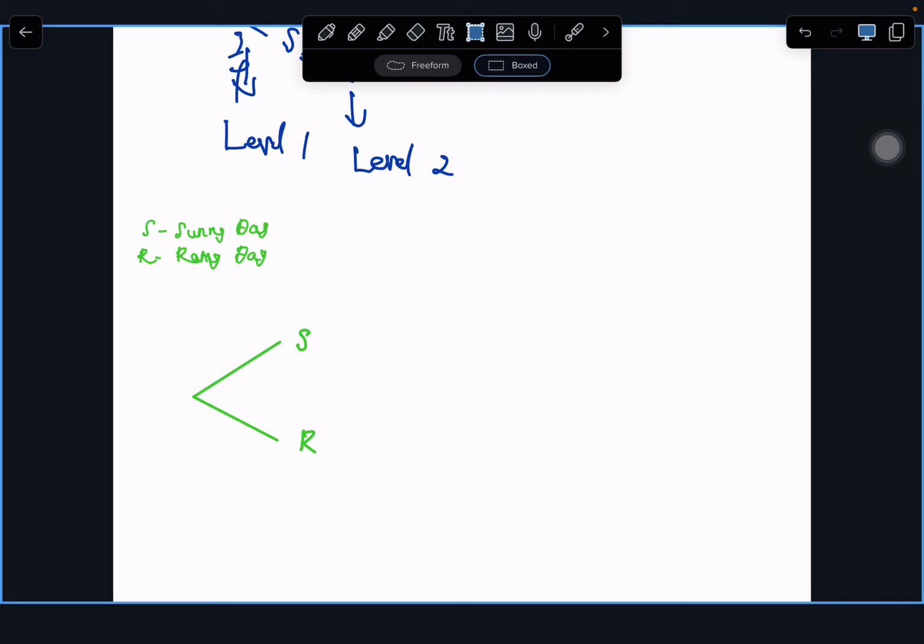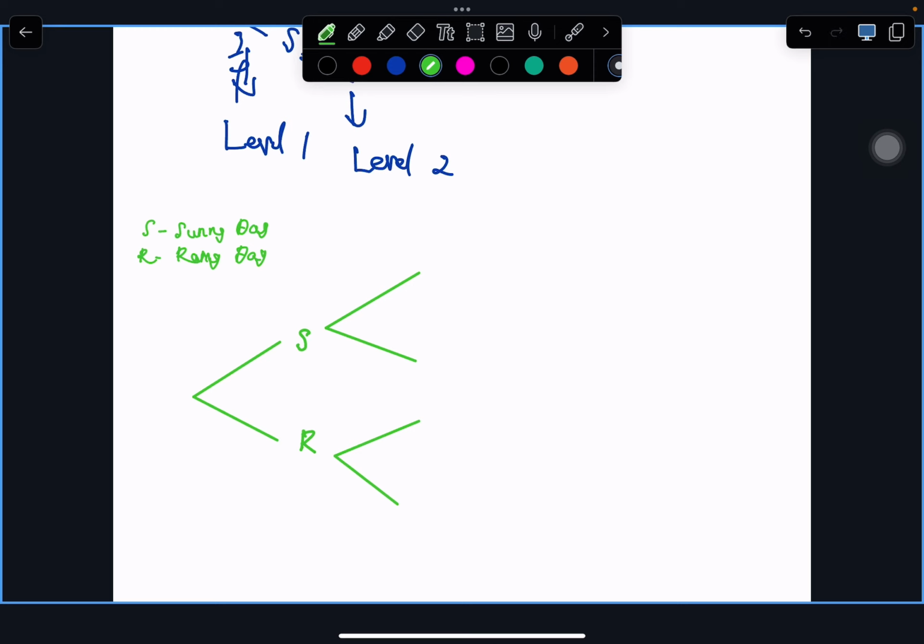Okay, so complete day 1. Day 2, the same: we have 2 branches, and this one has 2 branches. This one is S, this one is R, this one is S, this one is R. And day 3, we have the same.